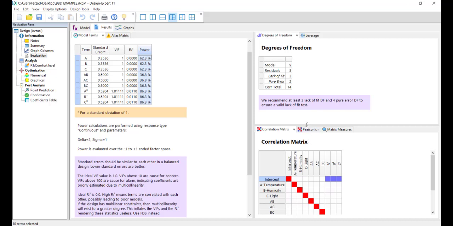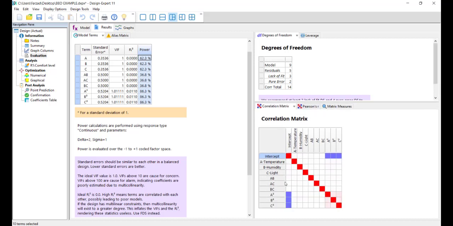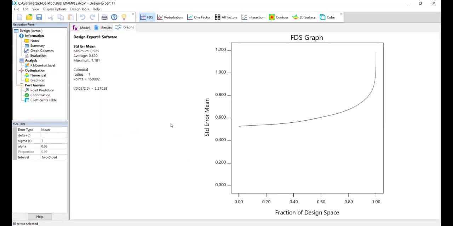And also this graph is helpful. You can see here we don't have any correlation between our factors, which is important. In other words, changing one factor will not change the other factor. This is what we call correlation, actually. And an important graph which we have here is the FDS graph, or fraction of design space graph.